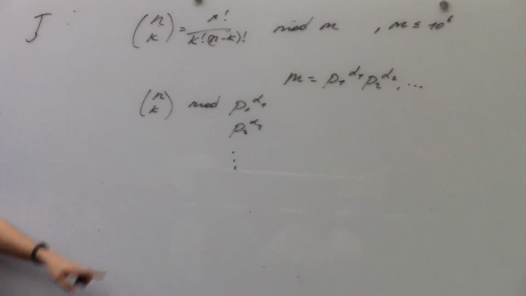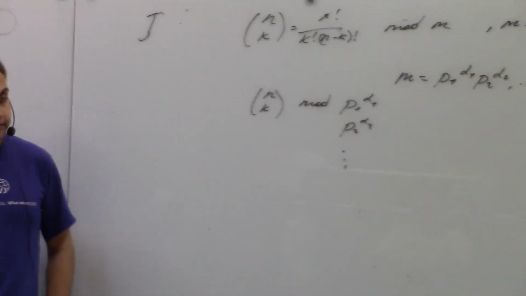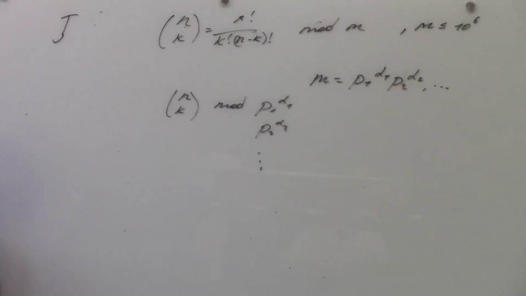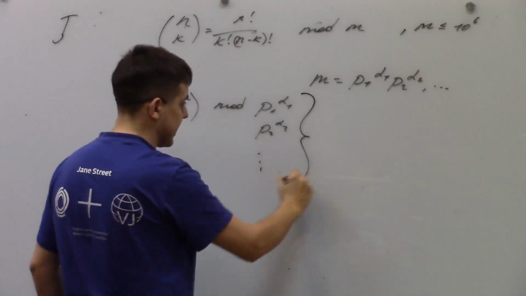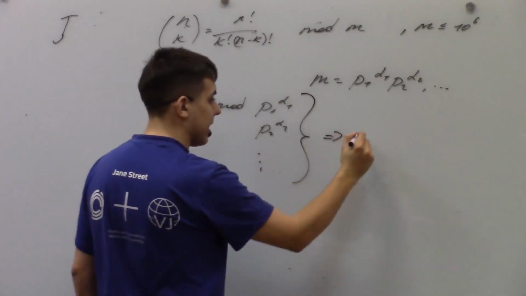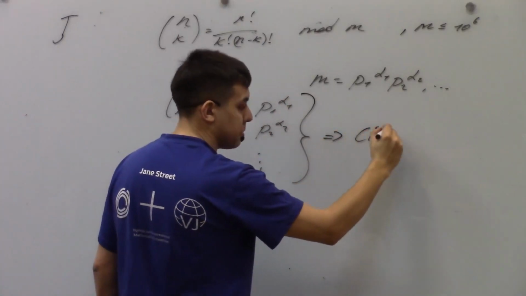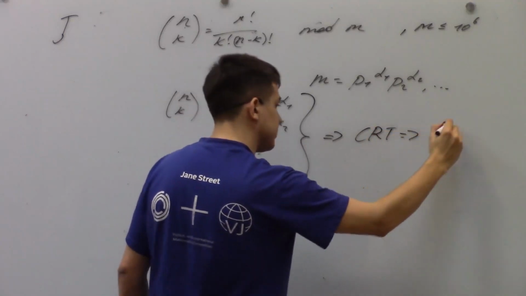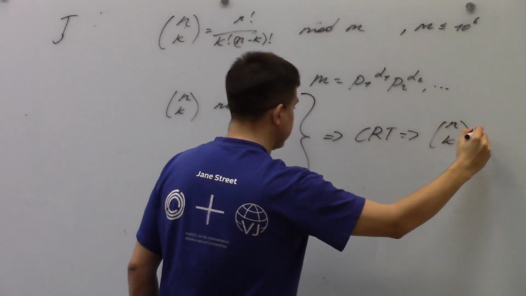Then you can solve it using the Chinese remainder theorem. So you can take all these results, and with the help of CRT, you can get n choose k modulo m.